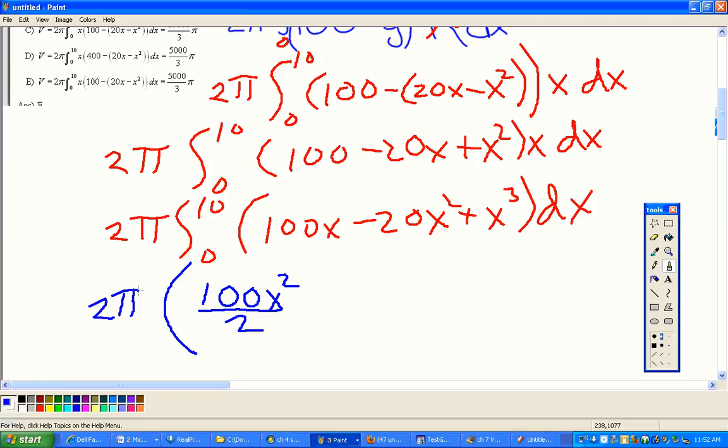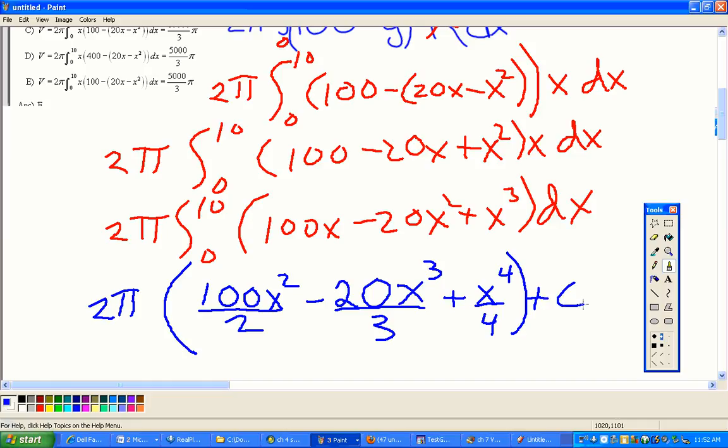X squared would integrate to, x to the third would integrate to, there's a constant of integration. We're going from 0 to 10. Looking at this problem, because they're nothing but x's, when I put in the 0 it will drop out and the constant will drop out.